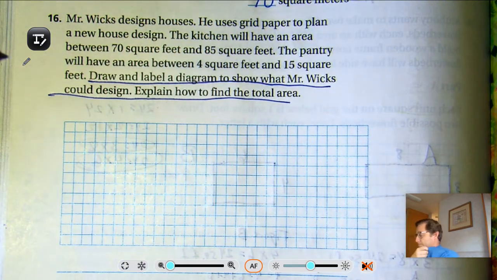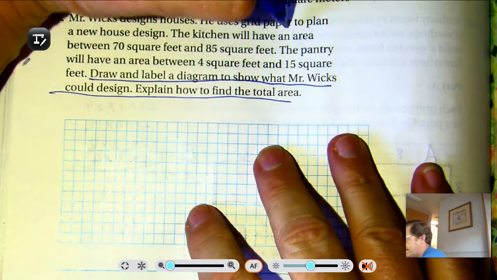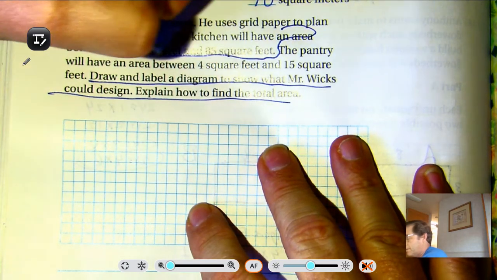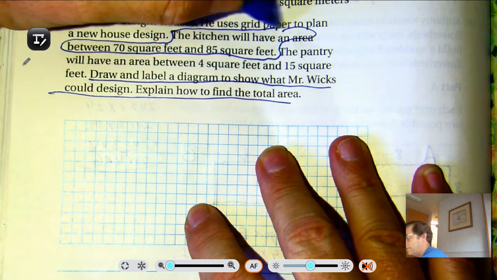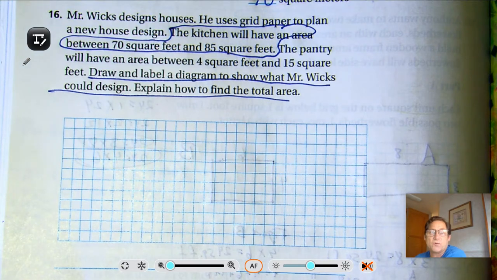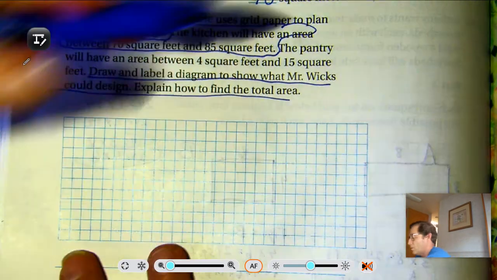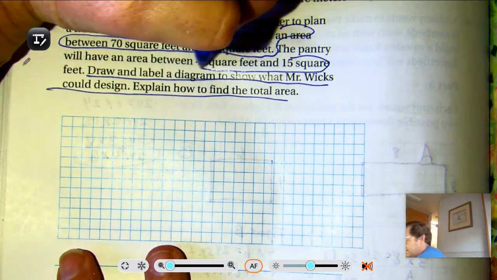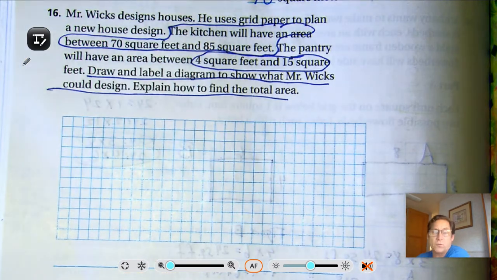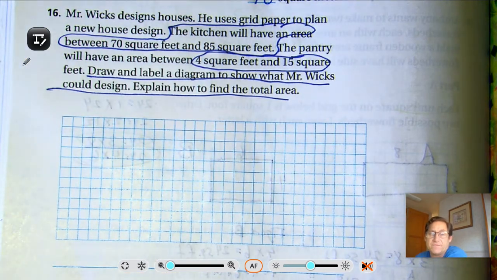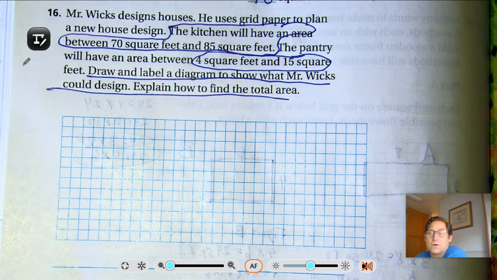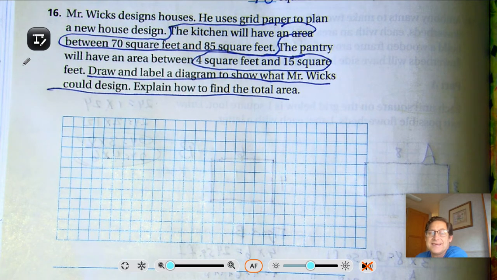All right, so we have a kitchen with an area between 70 and 85 square feet. We have a pantry that is between 4 square feet and 15 square feet. Okay, so what are some different ways of making this?